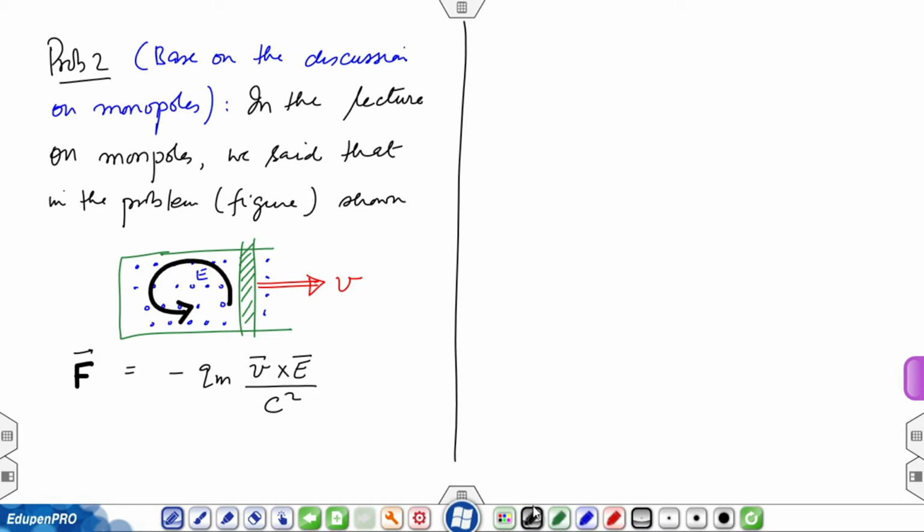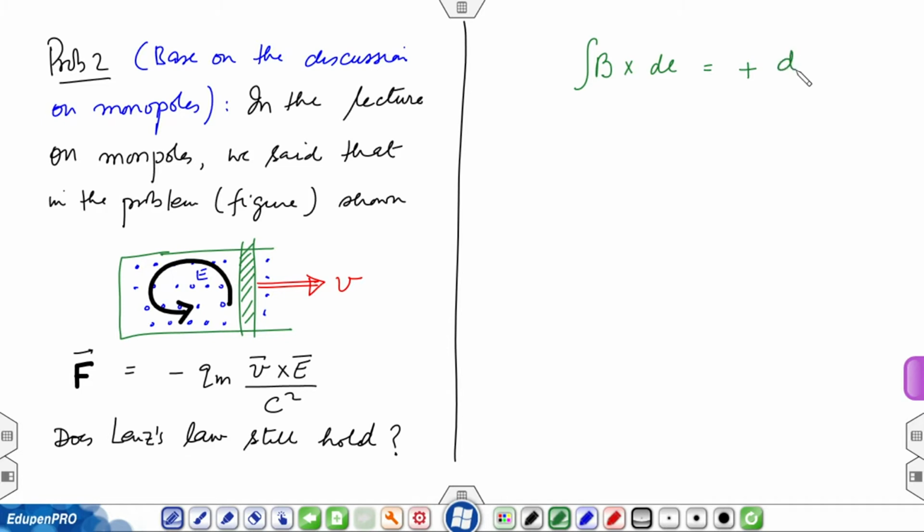The question I am asking is, does Lenz's law still hold? The current direction is opposite to what happens in the case of Faraday's law, and there we have Lenz's law, right. In this case, does Lenz's law still hold? In other words, you see here what we had used was that the magnetic field times dl integration, or magnetic EMF, was plus d phi e by dt, right.